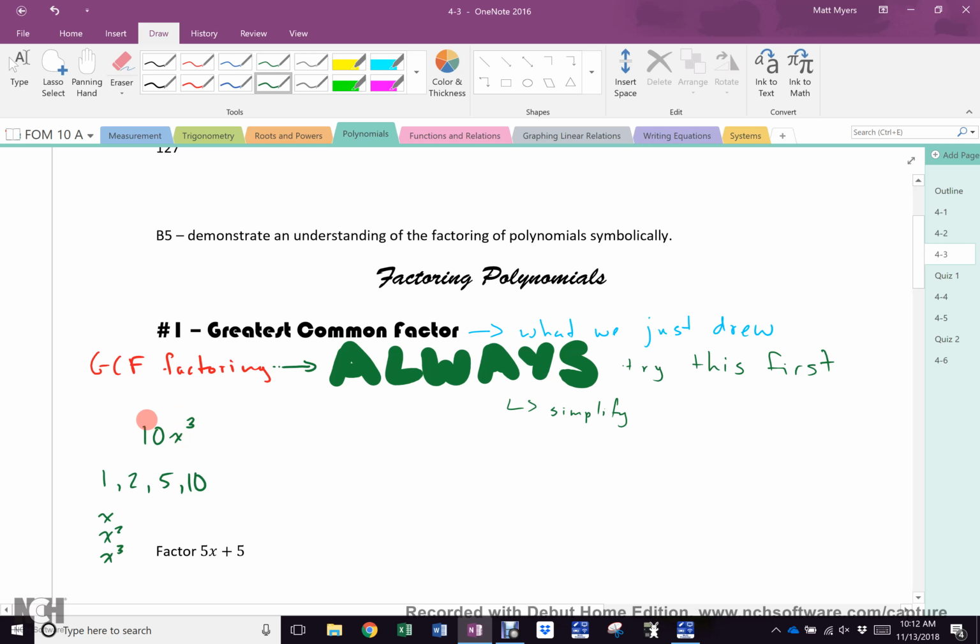Okay. Then I give you this. 22. What are the factors of 22? 1, 2, 11, 22. Agreed? And I then say that's x. What's the maximum amount of x's I can get out of there? 1x. So everybody knows how to do this, yes?